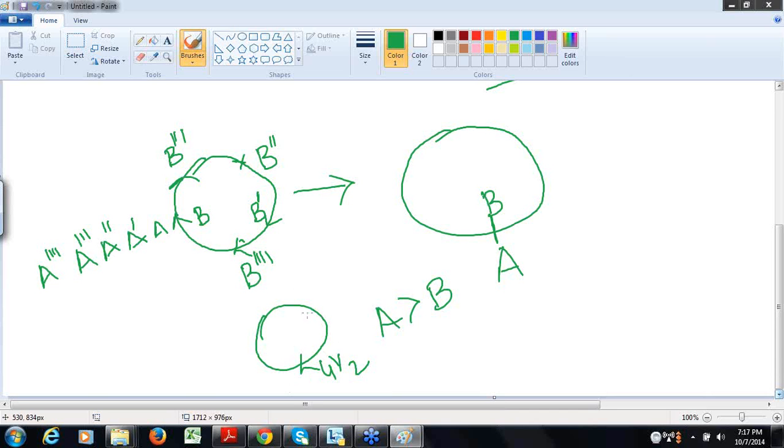If it has completed 3.5 rounds, 2.5 rounds, that means they have met before itself. They can't meet at 4.5 rounds. It can be possible only when B is 1 lap behind. Got it, everybody? Just remember, okay, thanks everybody.